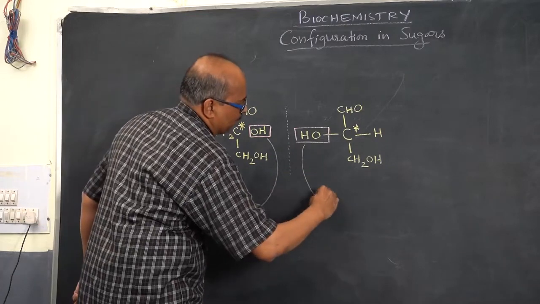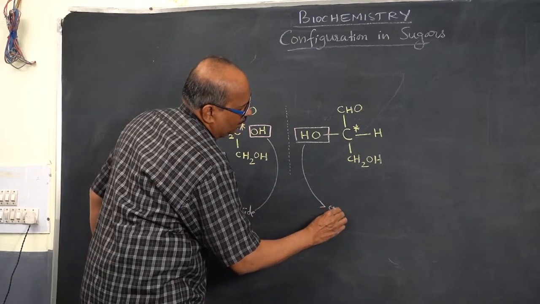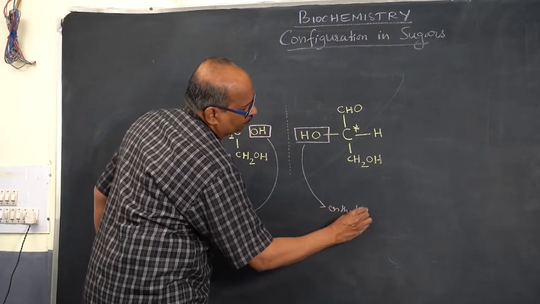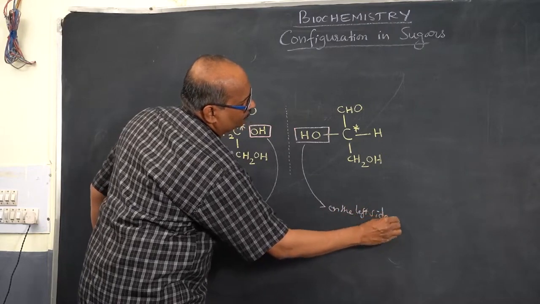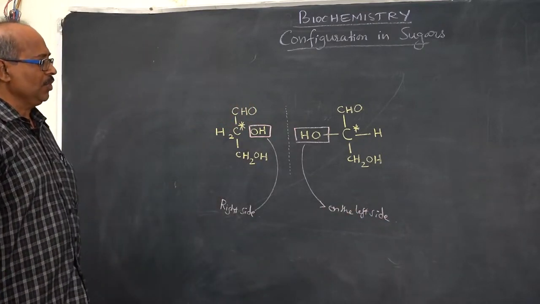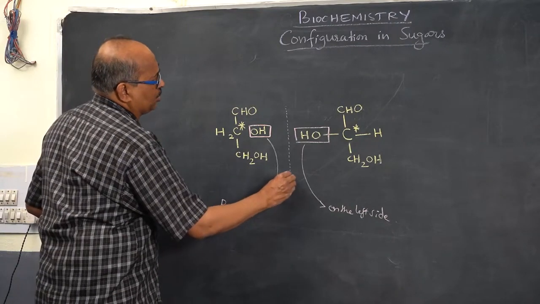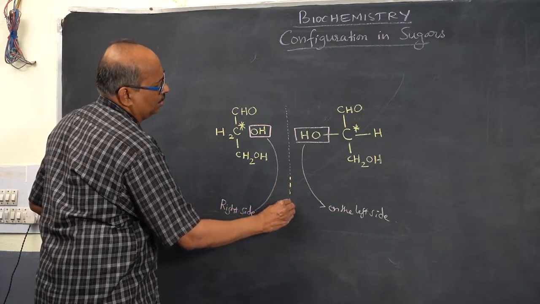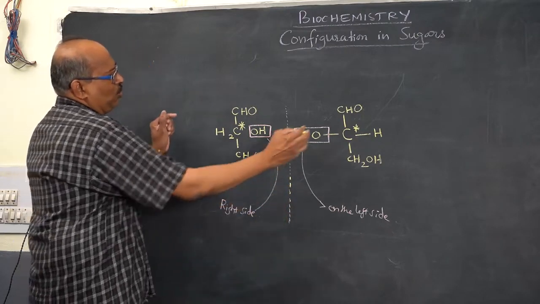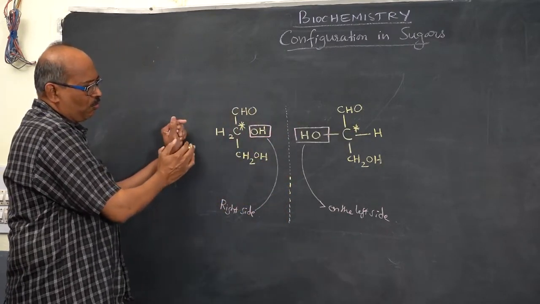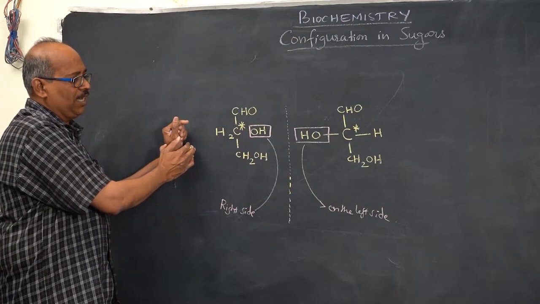Here the OH group is on the left side. Because they are mirror images, remember mirror images exhibit lateral inversion. You cannot superimpose one glyceraldehyde over the other.